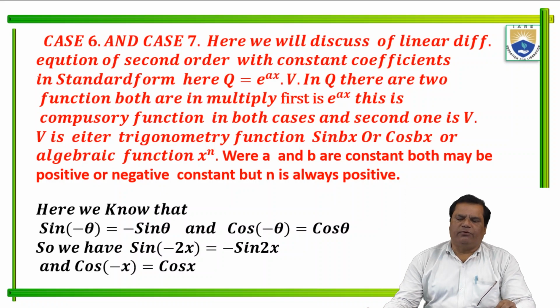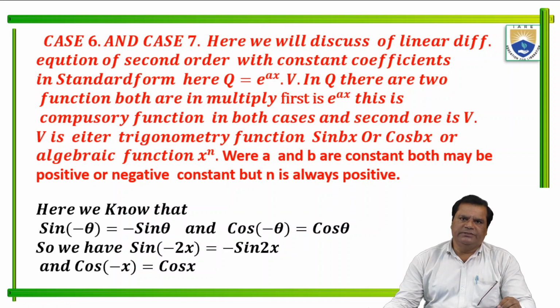in standard form. Here the standard value of Q is Q equal to e to the power ax into V. In Q there are two functions, both multiplied. The first is the exponential function e to the power ax. This is a compulsory function in both cases.